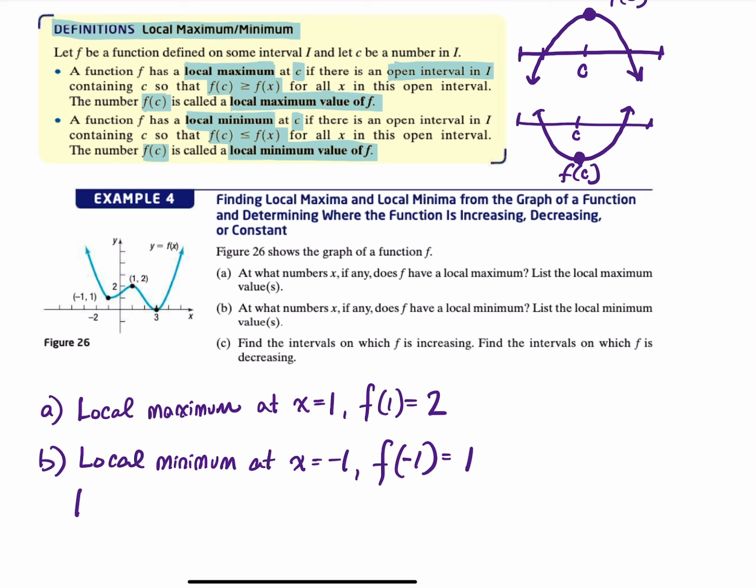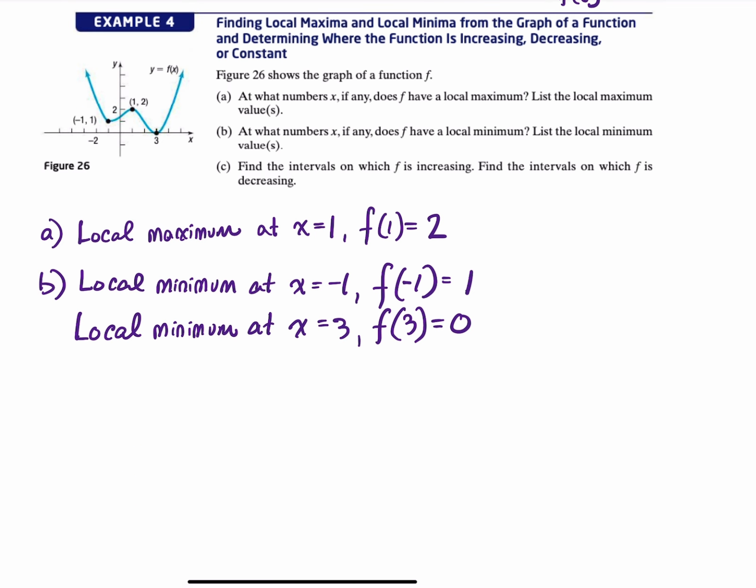And then we have a second one, so another local minimum at an x value of +3, and the output is 0. So one local maximum and 2 local minimum. And it's easy to pick out if we're given the graph.